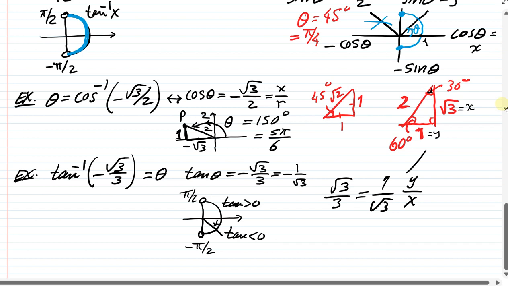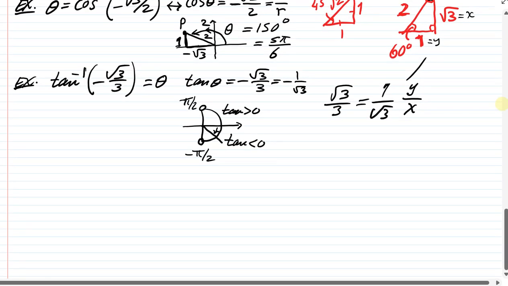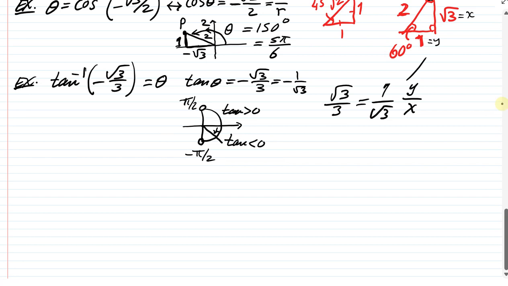Now, 1 over root 3. If I draw a better drawing of what's going on, we get this. And remember, this is the measure of the angle theta.